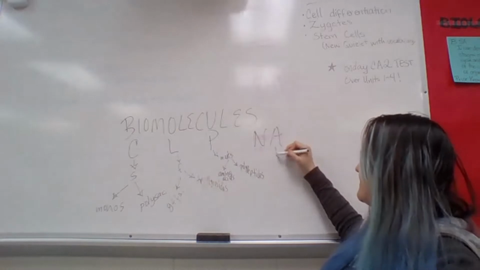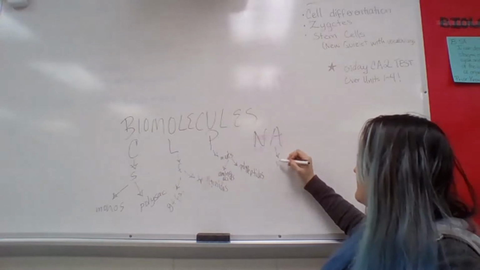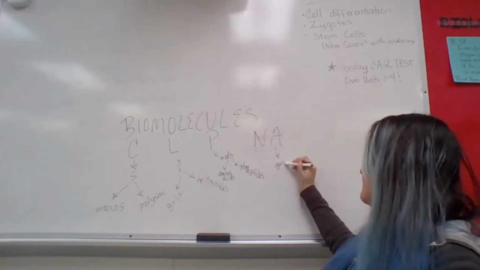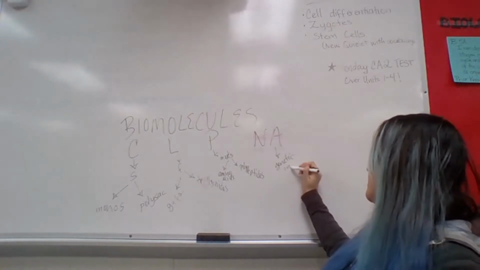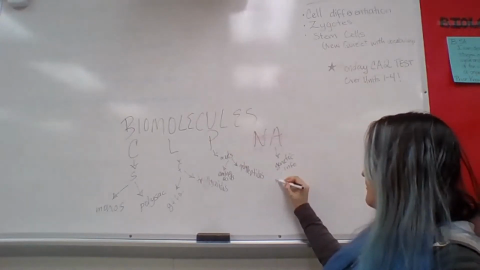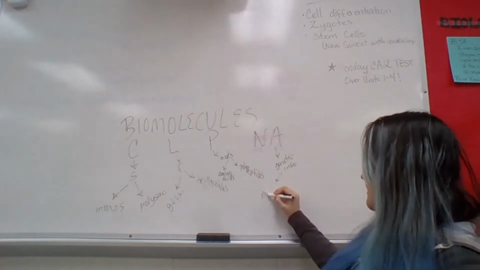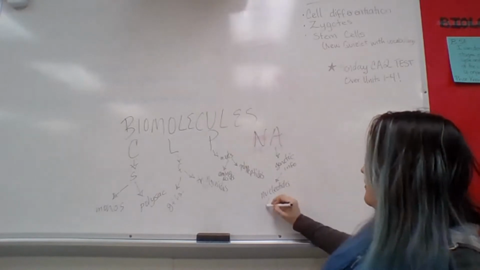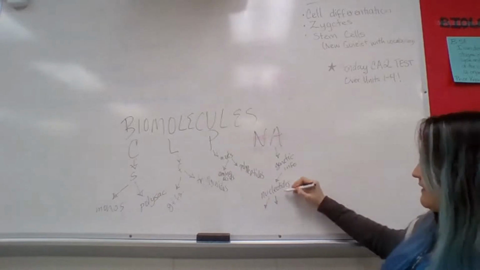Lastly, for our nucleic acid, that is either DNA or RNA. This is our genetic information. Monomers are the nucleotides. Remember, these nucleotides are made up of 3 parts.